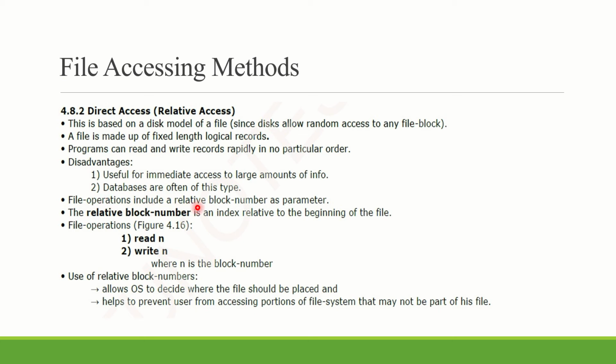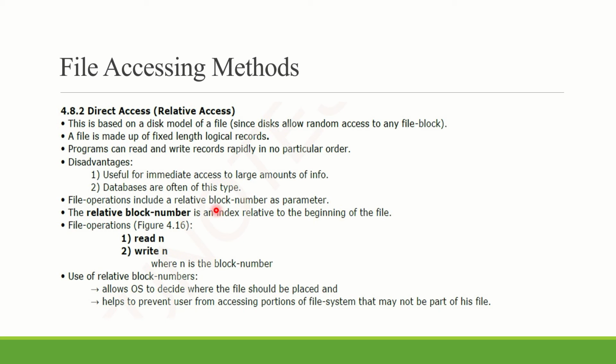This method needs a relative block number as the parameter. Inside the file operation, the system uses a block number, which is nothing but the record number. Inside a file there are records, and record is another name for block.